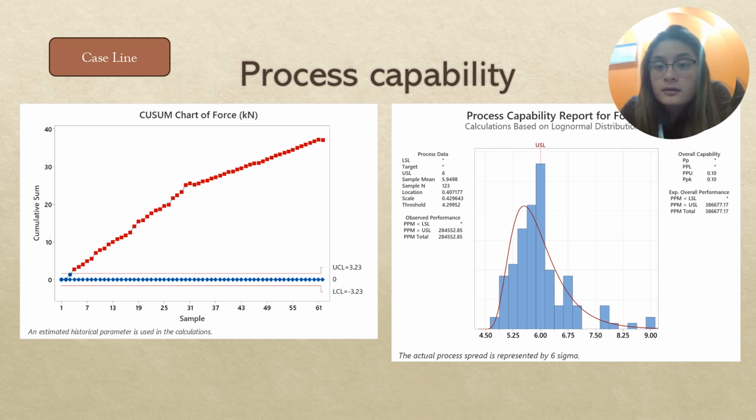And the other thing that we can see is the PPK, it's 0.1, which indicates that we have no control of the process, because as we know, a high PPK means a high level of process control.